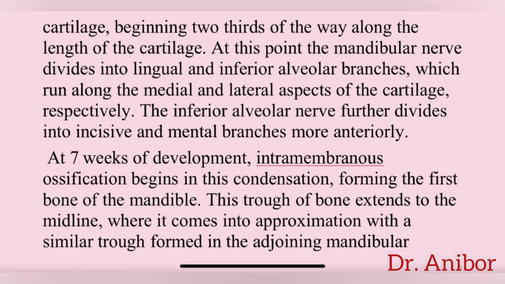That's the condensation. So fibrous mesenchymal tissue condenses, and on that condensation you now have intramembranous ossification occurring to form the mandible, and this occurs around the Meckel's cartilage at the 7th week of development.